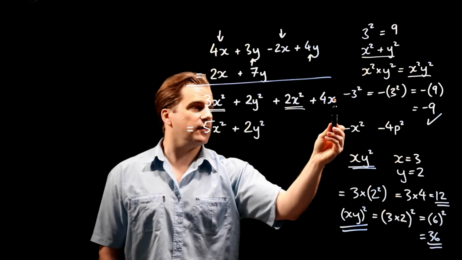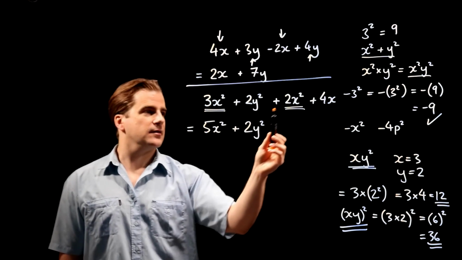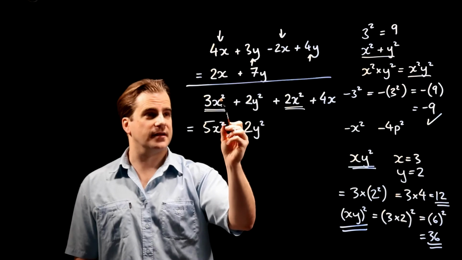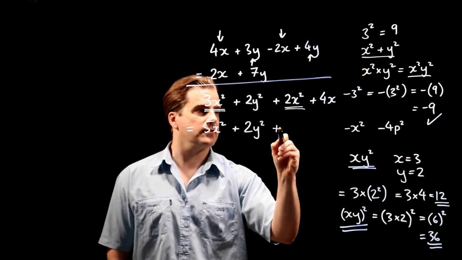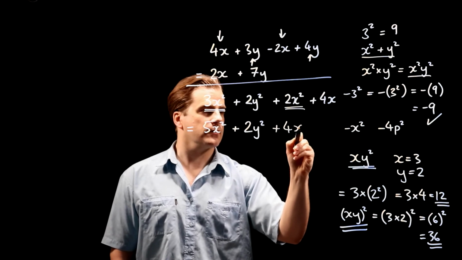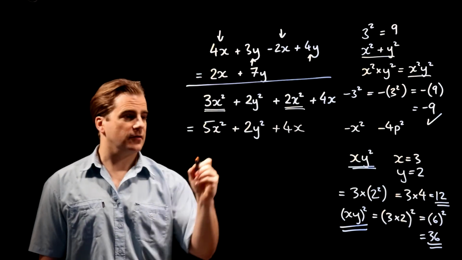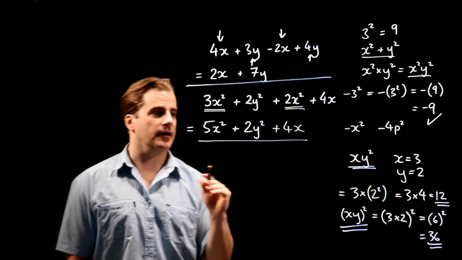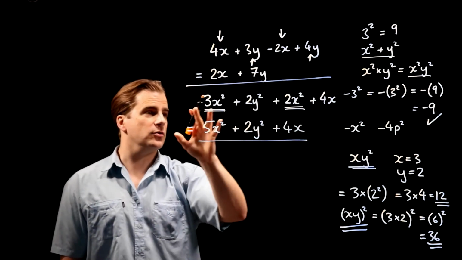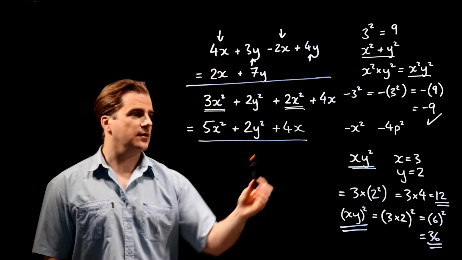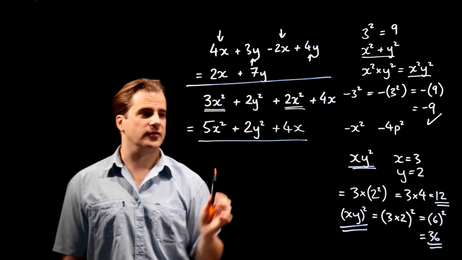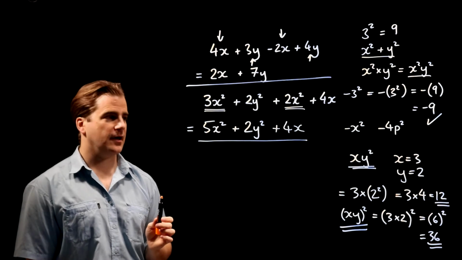That's the only term of x. That's an x squared, that's a y squared, that's an x squared. So we can't do anything with that. We just leave it as it is. So that is as simple as it gets. We've combined all like terms. There's only one combination necessary, as it turns out. And you can't write it any more simply than that.